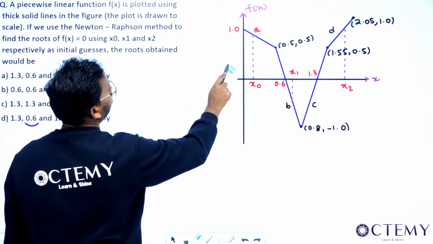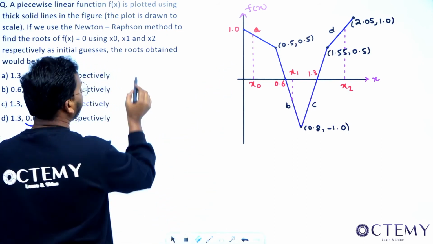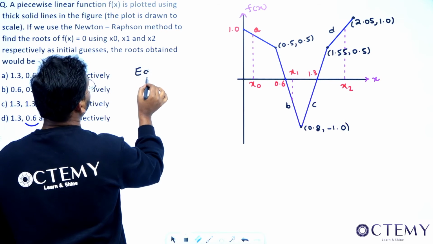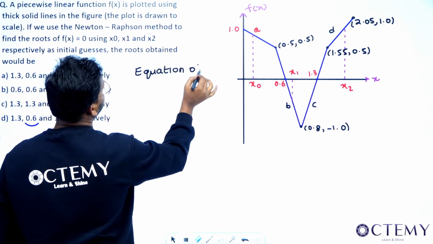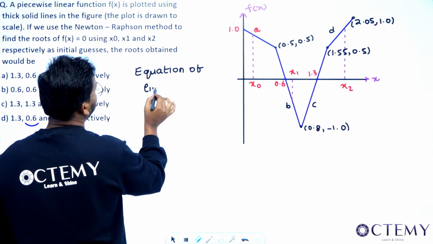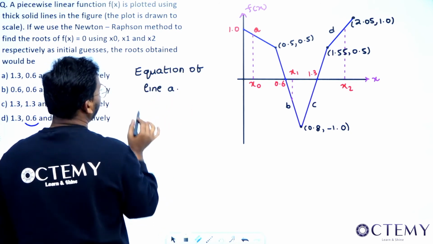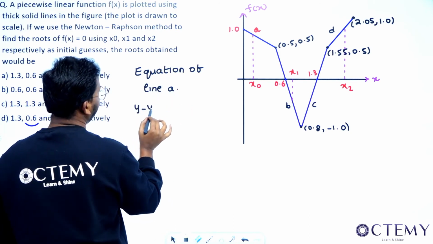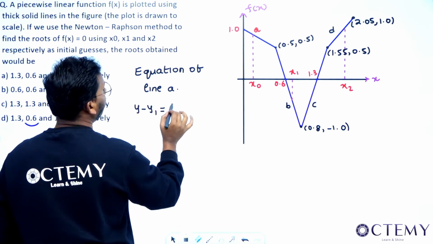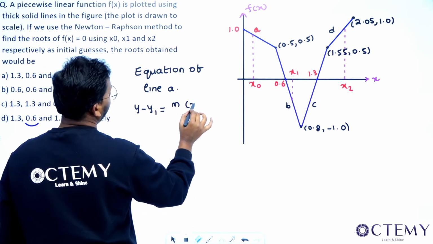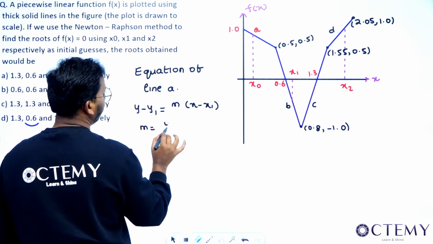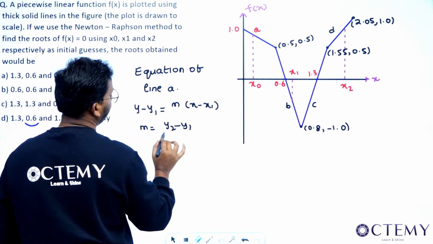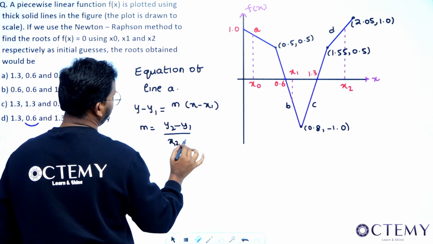See, sir, we are trying to write the equation of line A. That is y minus y1 is equal to m into x minus x1. What is m, sir? m is y2 minus y1 divided by x2 minus x1.